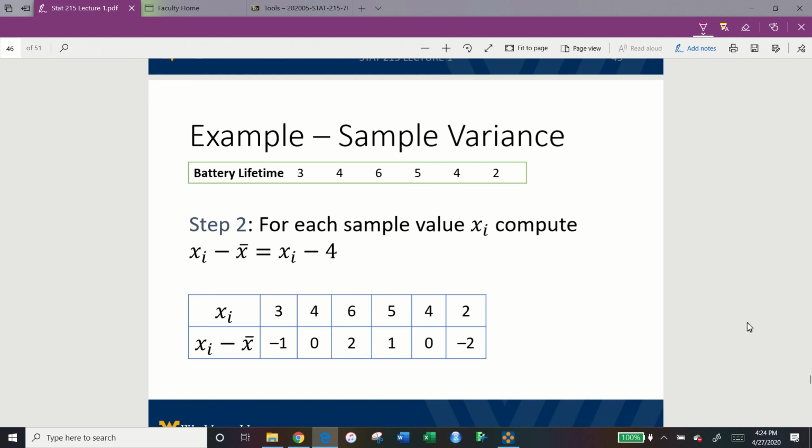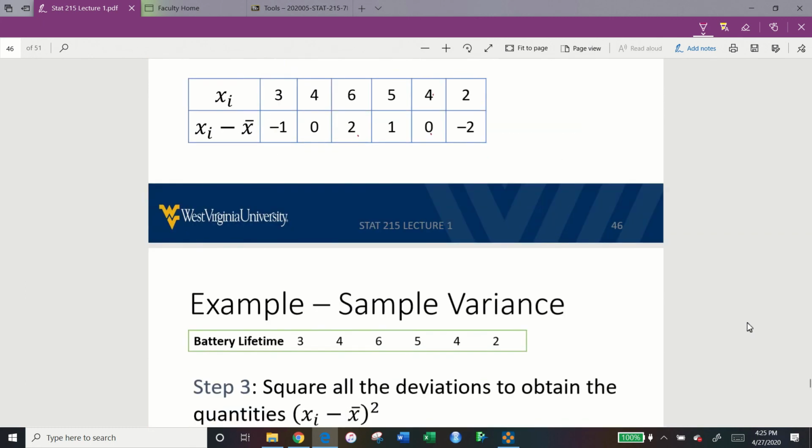We are going to subtract 4 from each of these observations, which will give us 3 minus 4, which is negative 1, 4 minus 4, which is 0, 6 minus 4, which is 2, 5 minus 4 is 1, 4 minus 4 is 0, and 2 minus 4, which is negative 2. That completes step 2.